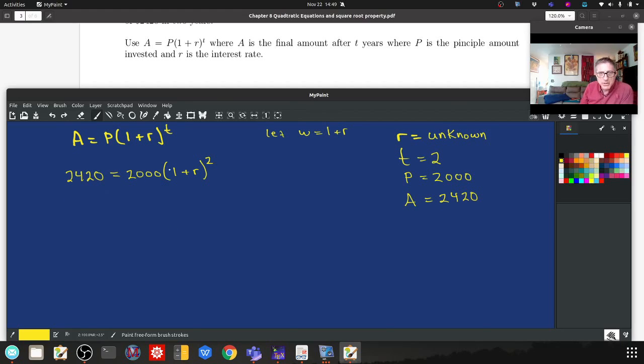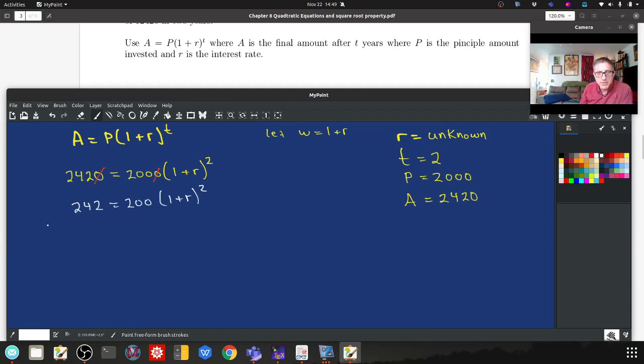But the first thing we're going to do is divide both sides by 10, not by 2. We could have divided both sides by 2, but we're going to divide both sides by 10. When I divide both sides by 10, that allows me to take off 1 0. So the result is 2420 is equal to 200 times 1 plus r squared.